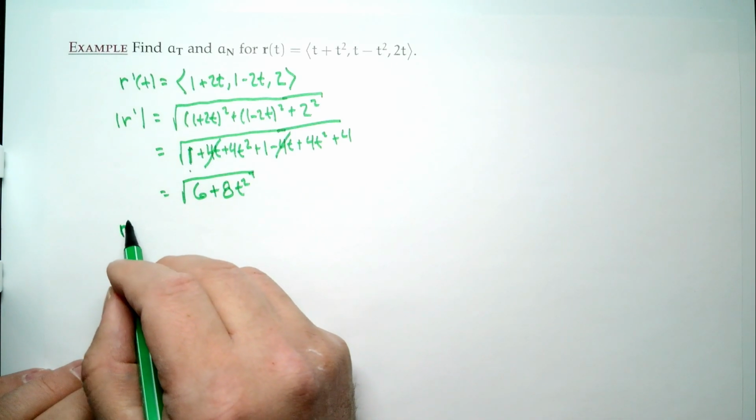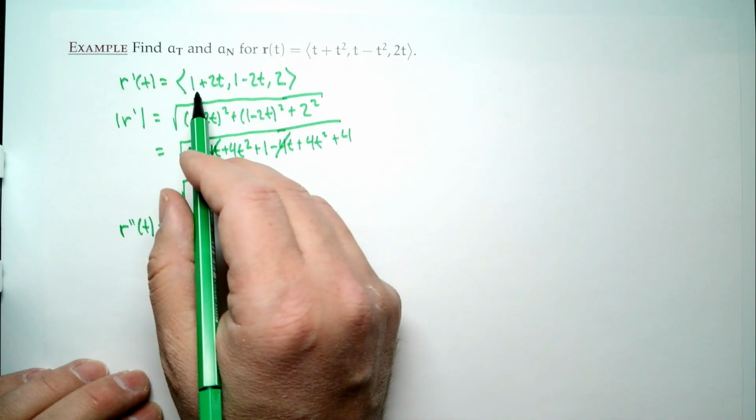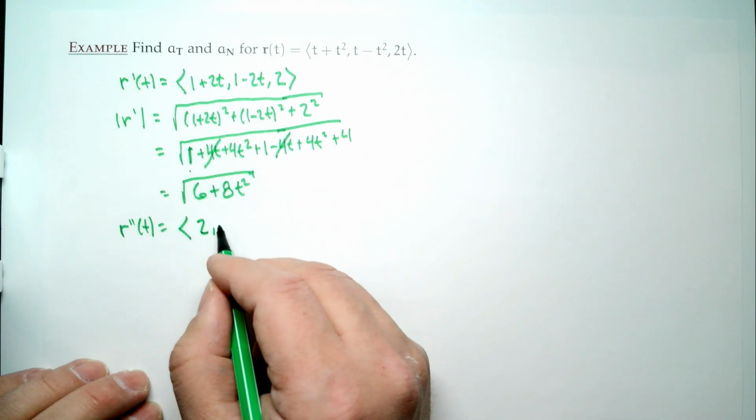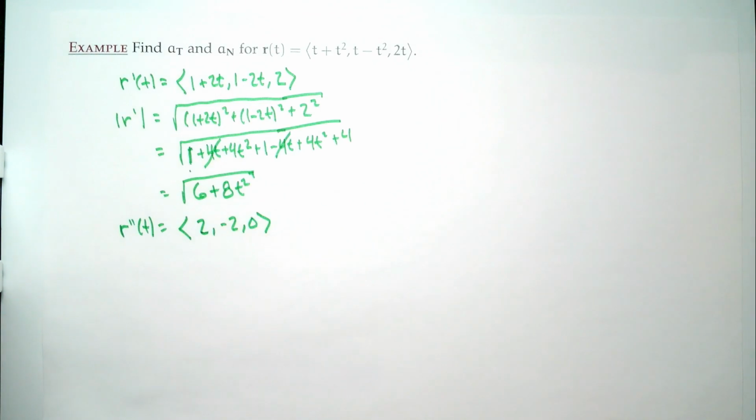R double prime. Well, second derivative, that'd be 2, negative 2, 0. So acceleration is actually, in some sense, always pointing in a constant direction. Okay, good. Now, what do we need? Well, we need to find a sub t and a sub n.